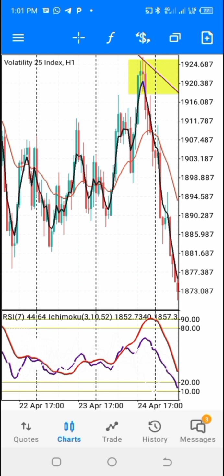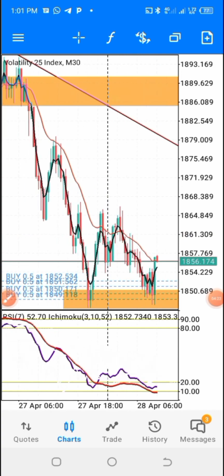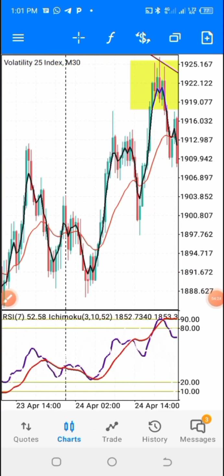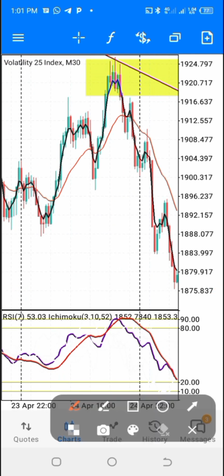Right, so if I go to M30, this is the entry, guys. You would have found your entry here, and you target which lows.